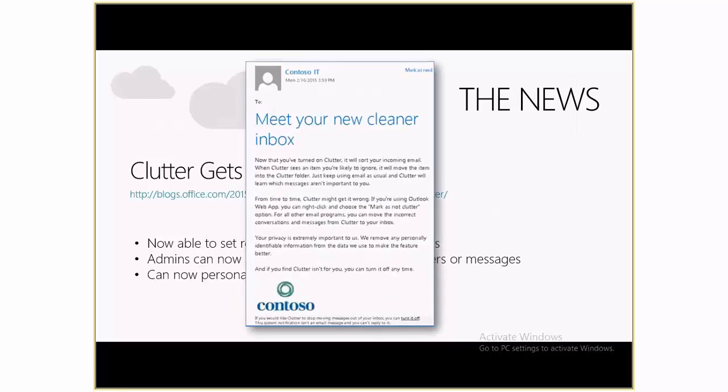Because Clutter works across all devices, not just your main big Outlook client, all the notifications it sends you have to come through email, so you can actually see what it's been doing. Up until now, those messages were pretty generic, didn't have much branding at all, whereas now you're able to set your company logo in the bottom and set a send from address as well, so it looks more legit coming from your company rather than some magical Microsoft service out there.